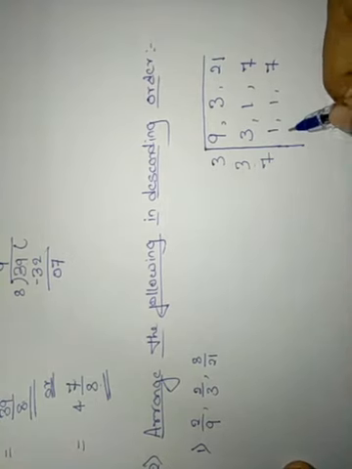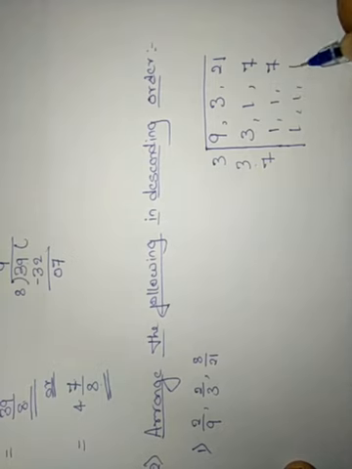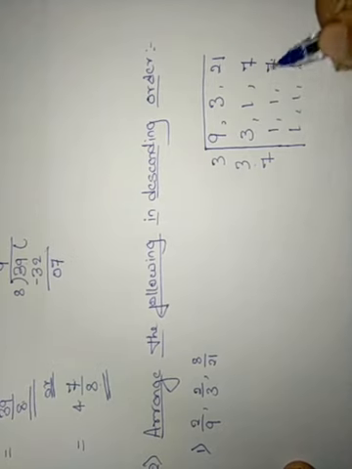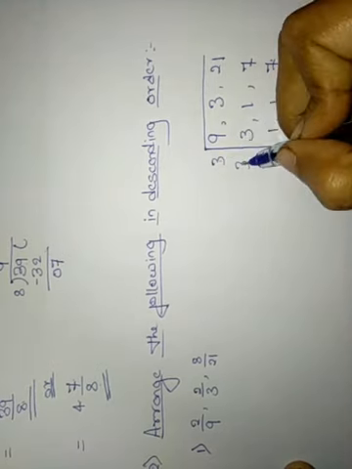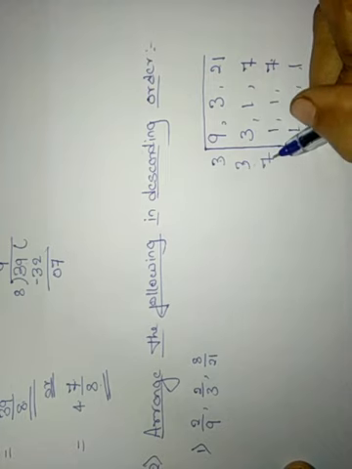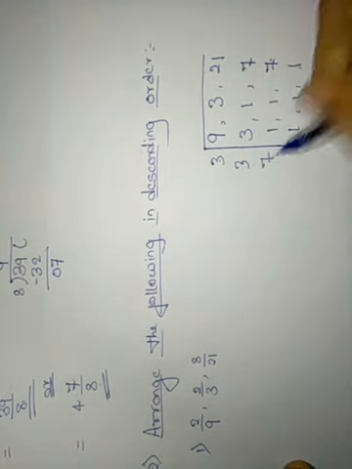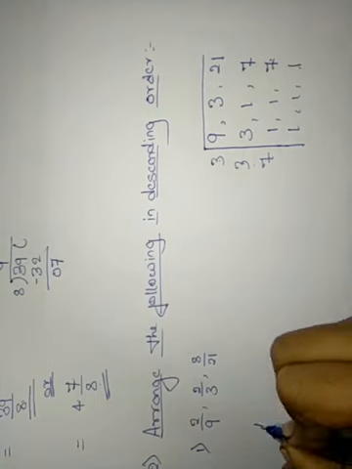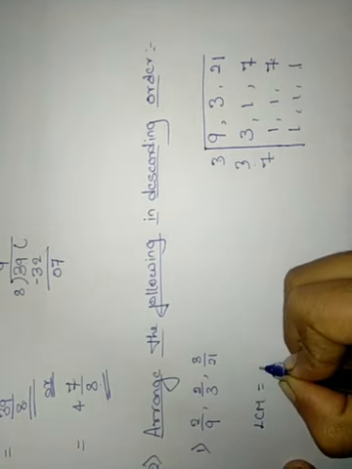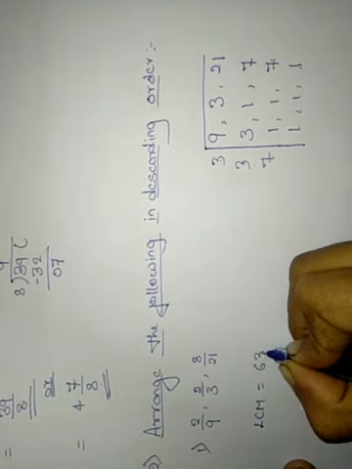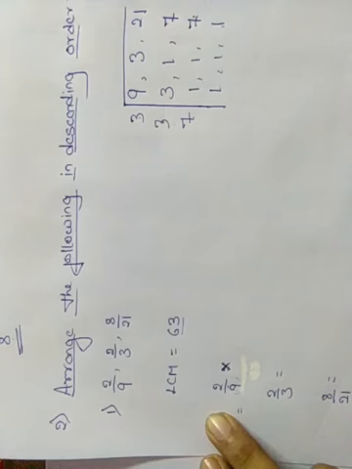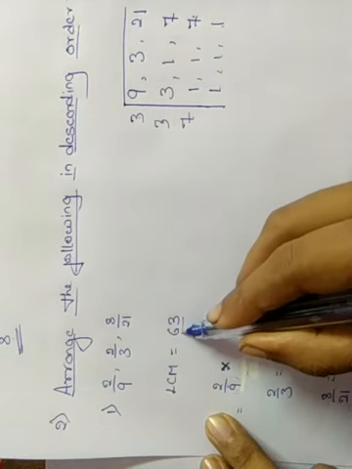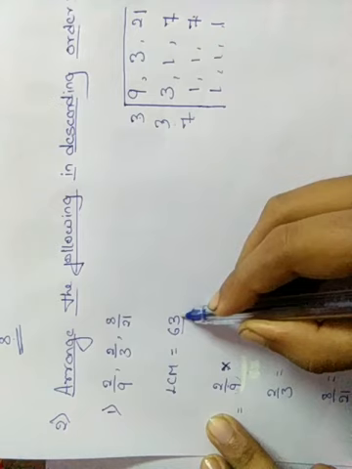Again 7, 1, 1 and 1. 7 1s are 7. So 3 3s are 9. 9 7s are, that is 63. We got the LCM. LCM is equal to 63. Here we got the LCM value, that is 63, right?